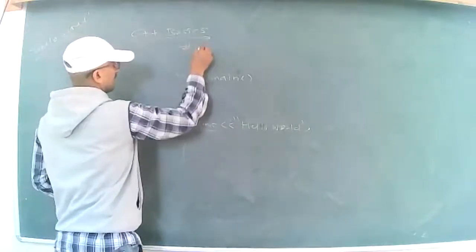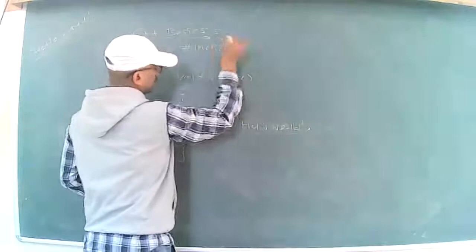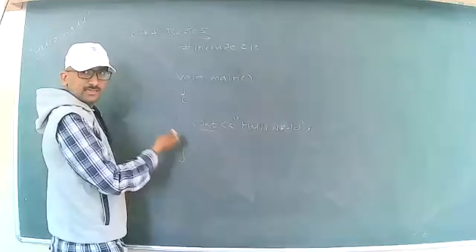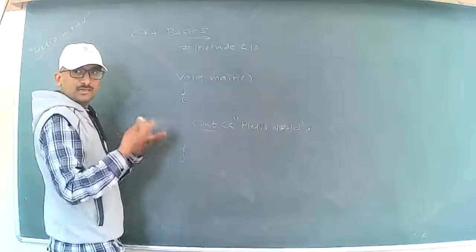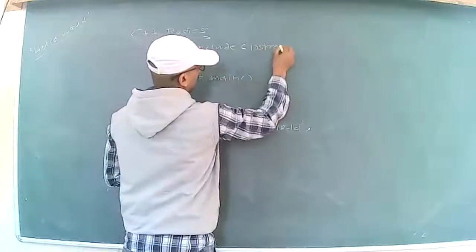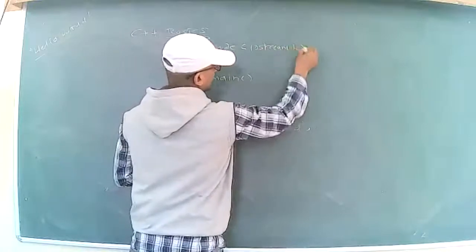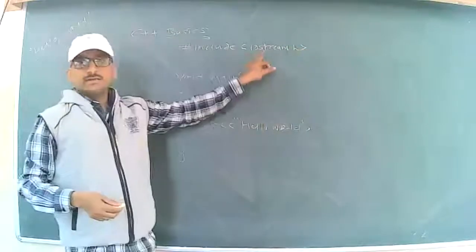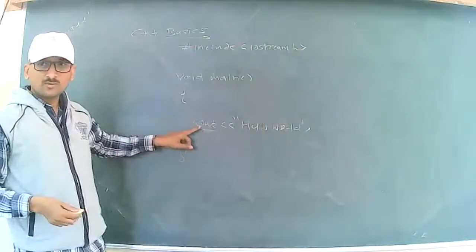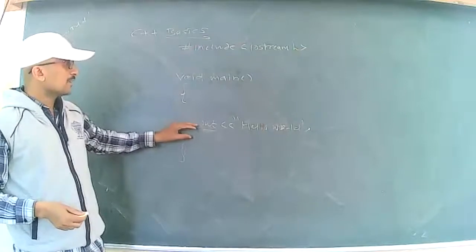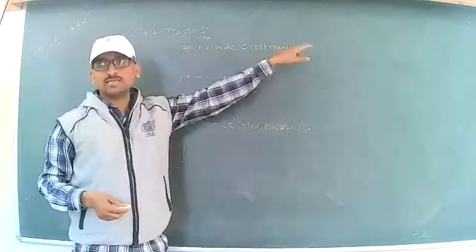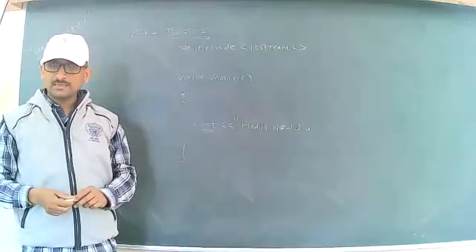That is nothing but hash include iostream, input output stream, which can be used to print the output on your console screen. iostream.h is a header file in which this cout keyword is defined. So this error or warning can be removed once you include the iostream.h header file.